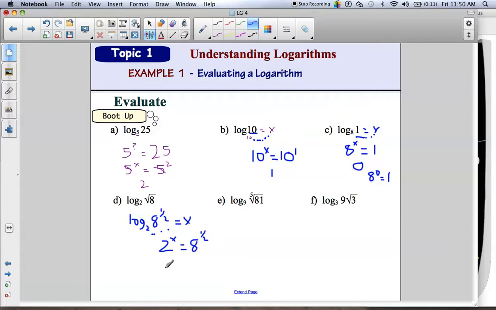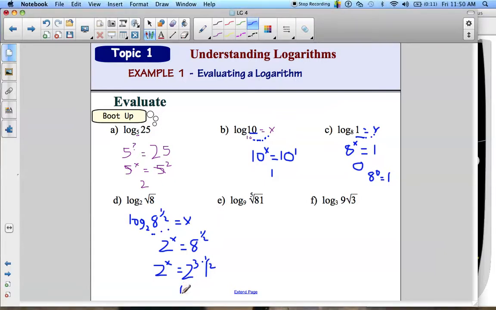Okay, base change, so 2 to the X. Now we know that 8 can be rewritten as 2 cubed. But we have that half in there, so we're timesing it by the half. So 3 times a half is 1.5.